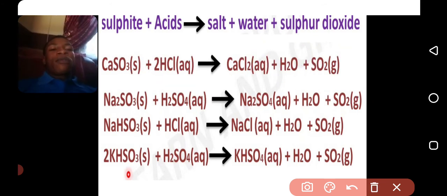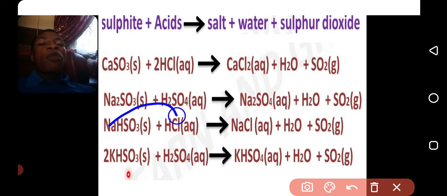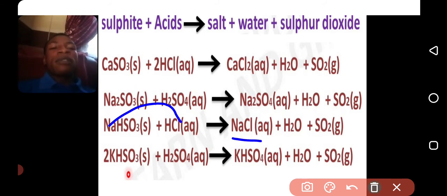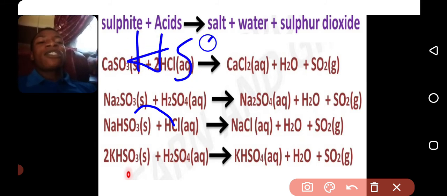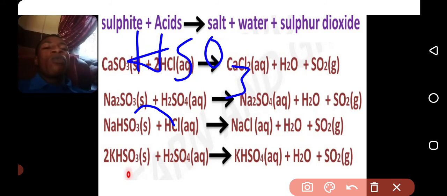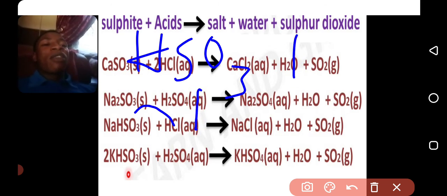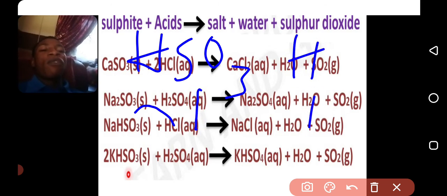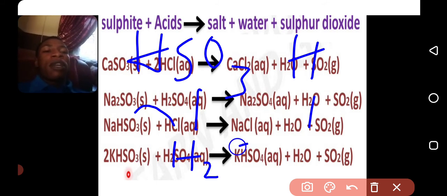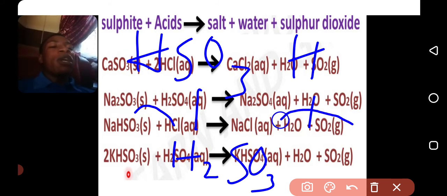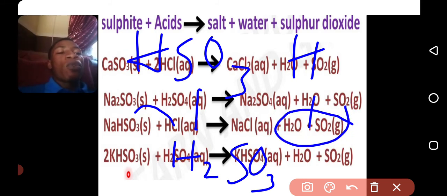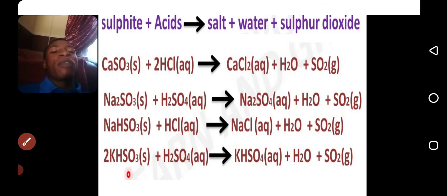So that's how we arrive at that. Here, in example number 4, Na will pick up Cl, that's NaCl. H will pick up HSO3. HSO3 is also a radical on its own, whose valency is 1. Picking up H now, that will give you H2SO3. You know what it breaks down into? H2O and SO2. So similar thing happens in this place.